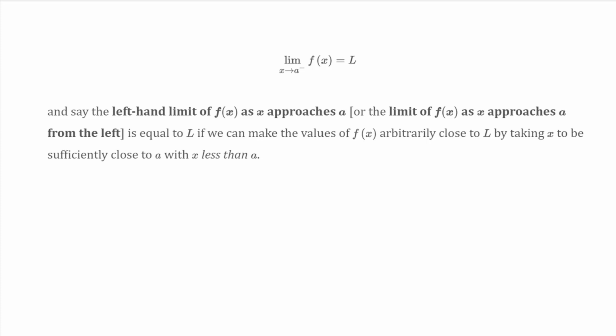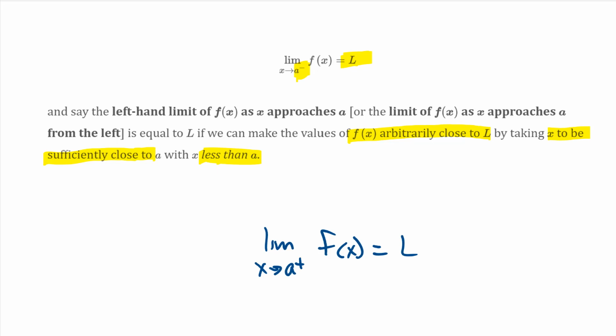F of x arbitrarily close to whatever that value is, and then our x to be sufficiently close to whatever that a value is when x is less than a. Of course, we have one from the right too, but I'm not popping that up. I mean, here you go. I'm not writing all the words in there or anything. You know what I mean? But that's how we write it from the right, and we say arbitrarily close and sufficiently close to x is more than a. It'd be on the other side. So there's the beginning.